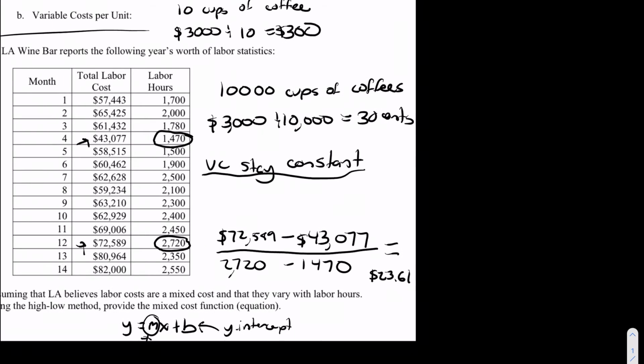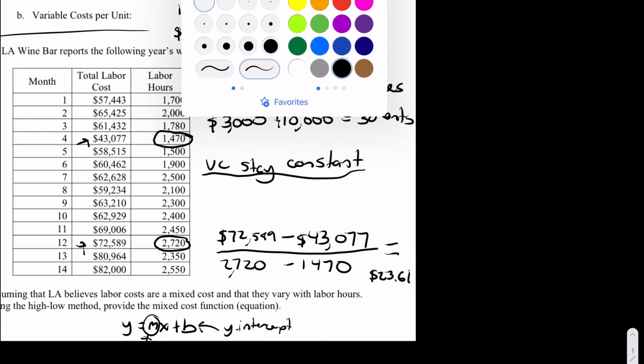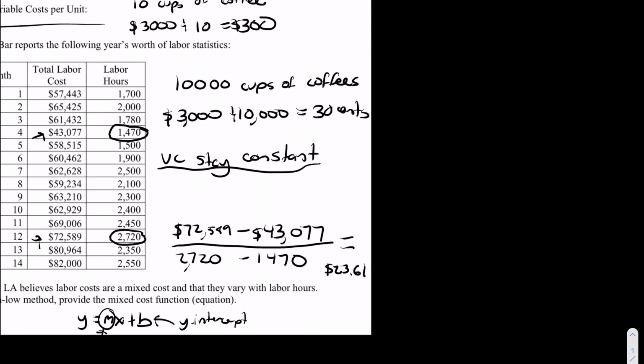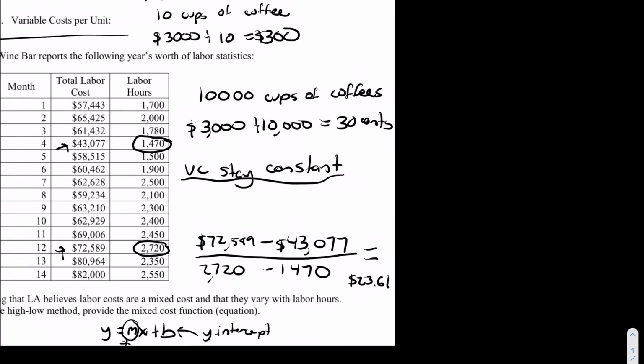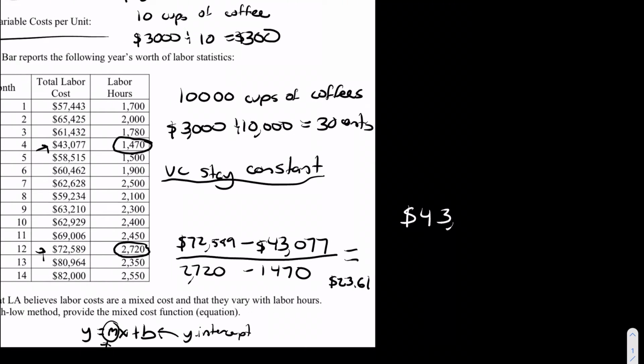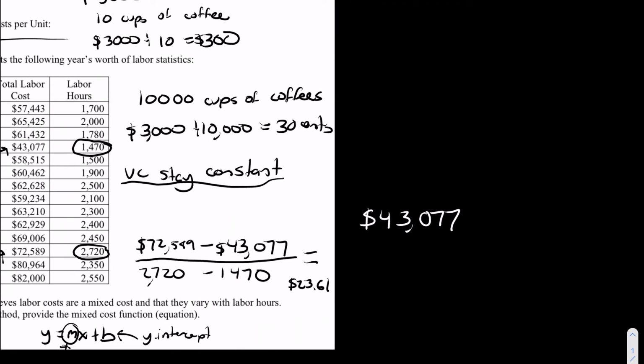I'm going to write in white now because we're going to go into black background. But in order to solve that, we're going to take that 43,000, the lowest number, minus 1470 times 23.61. So what we're doing here is we're basically minusing all of those variable labor costs to get down to what the fixed costs are, right?